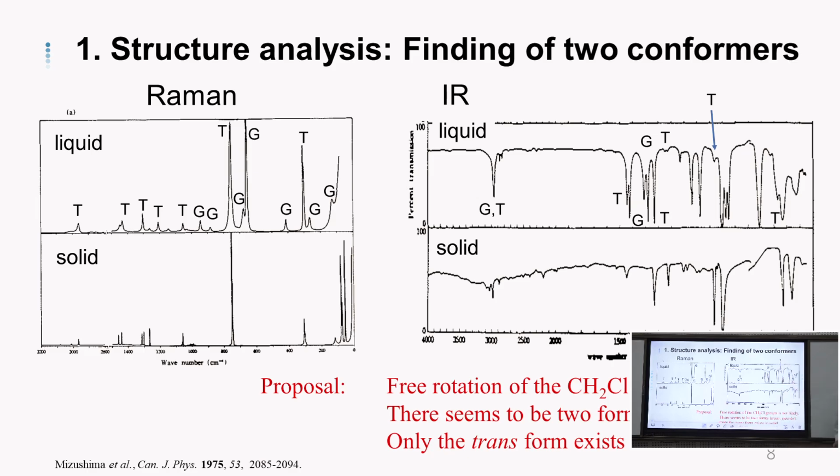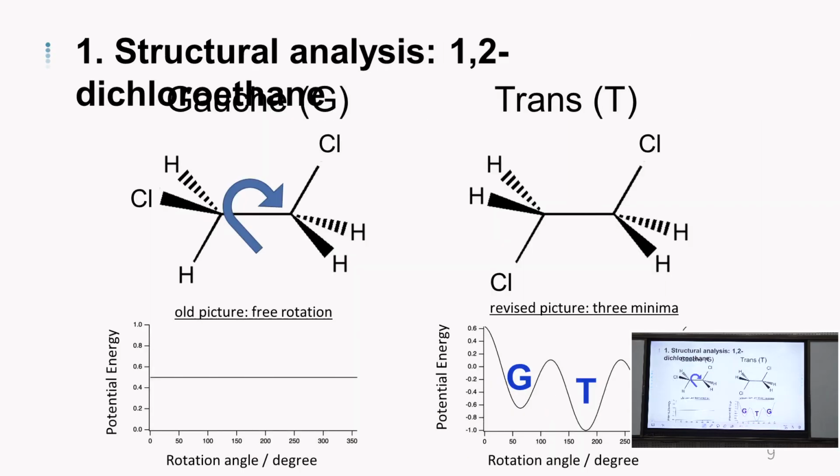So nowadays, we already know there are two forms. But a long time ago, they had no idea about two distinct forms. But based on this experiment, two stable structures were identified.